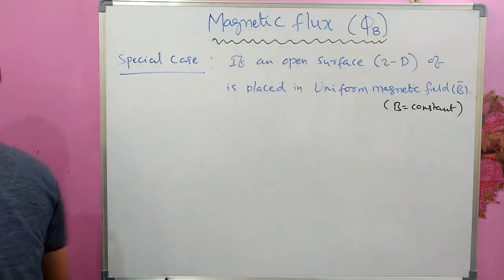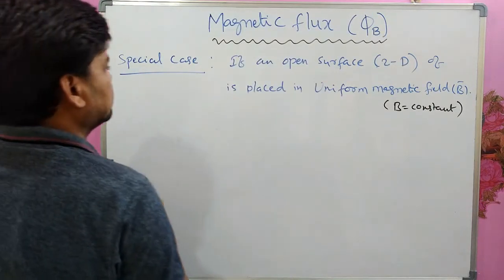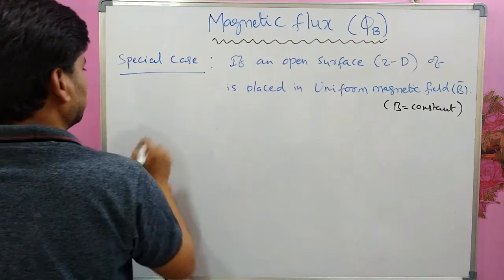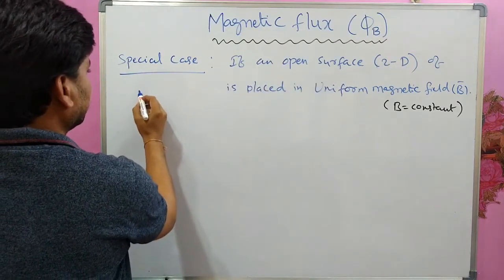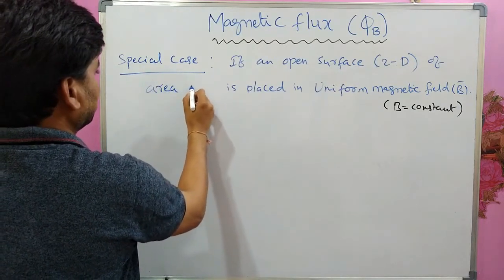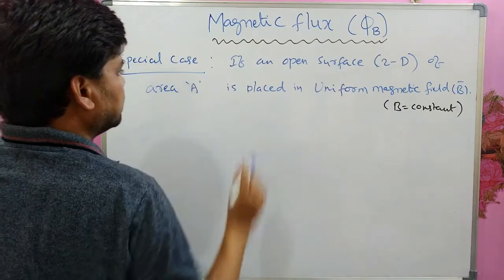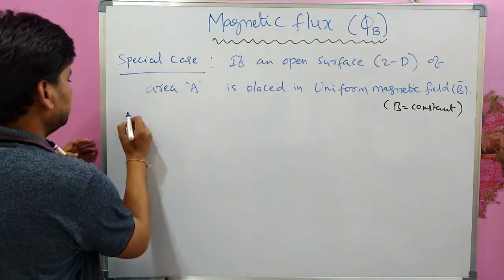So let me write the formula here. If an open surface of area A is placed in a uniform magnetic field, what is the formula?